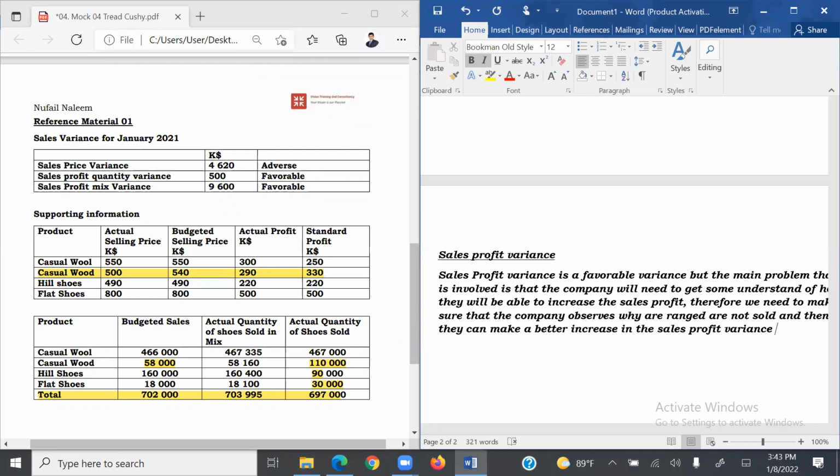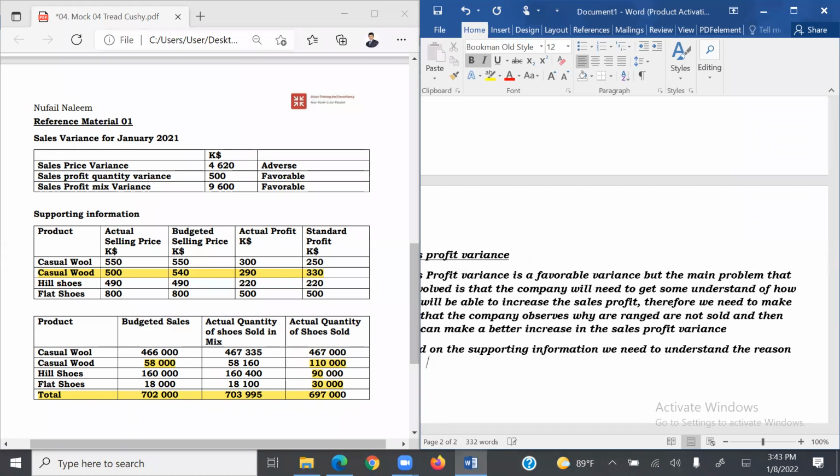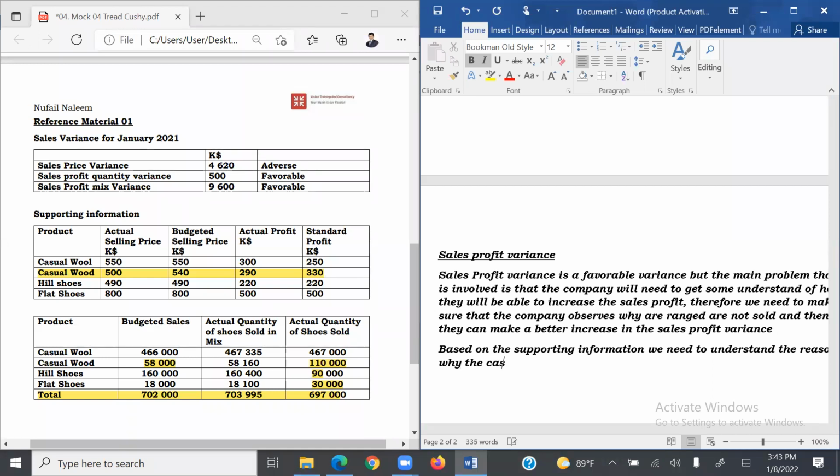So these are the basic understanding at the moment, students, on how the sales profit variances are affected. And also, students, based on the supporting information, we need to understand the reasons. You need to ask the question: why has the casual wood shoes price been reduced by the management?